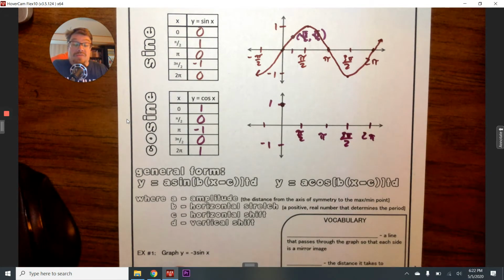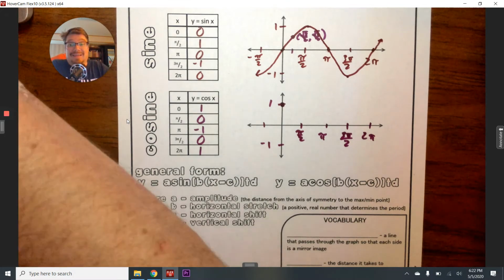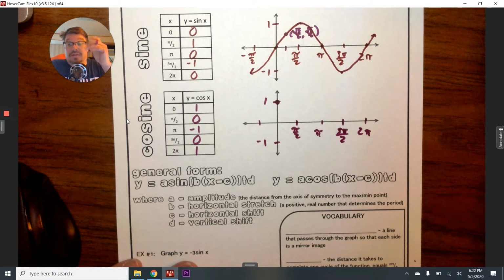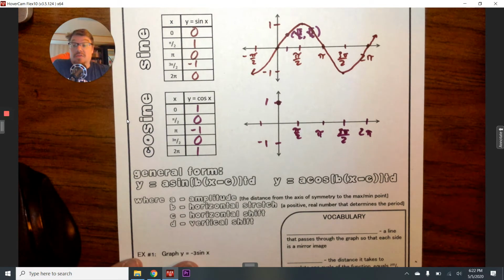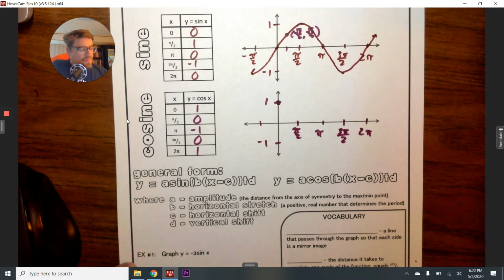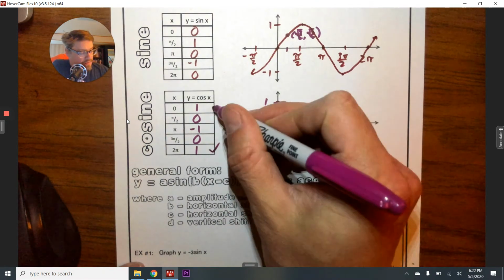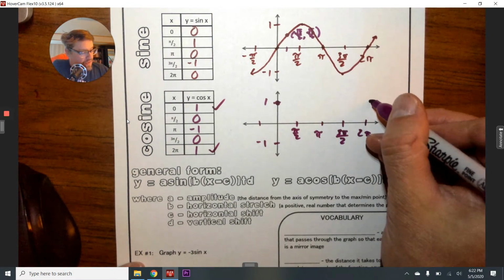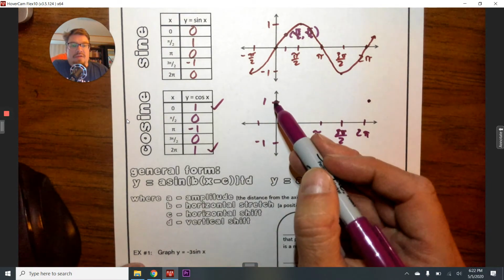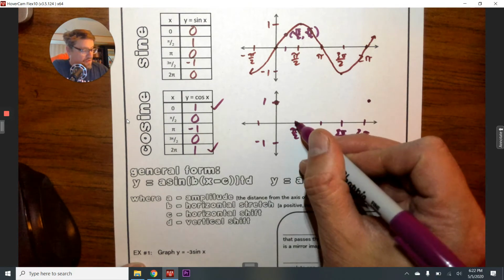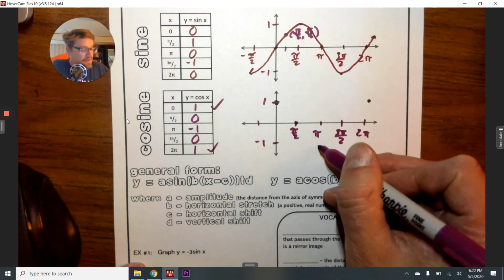So cosine is different. Cosine is the same basic sine wave. They look identical, but it's shifted. It starts at a different location and then executes the wave. So it starts at 1, and it ends at 1. I start from 1, then I go down to 0, and when I reach 180 degrees, I reach negative 1.